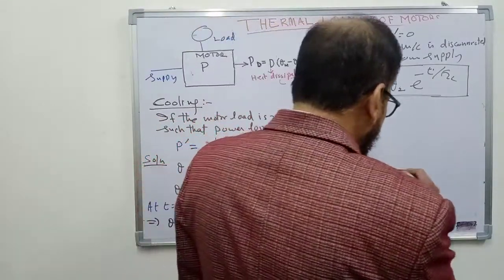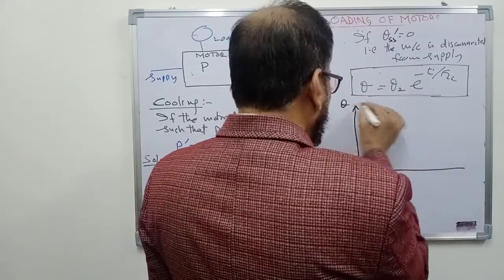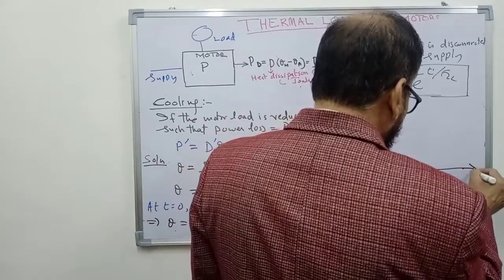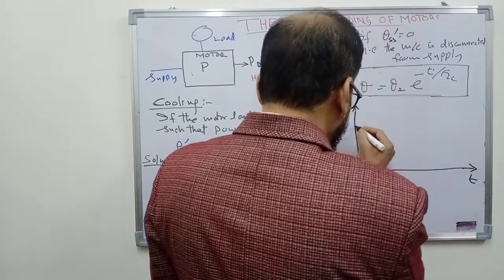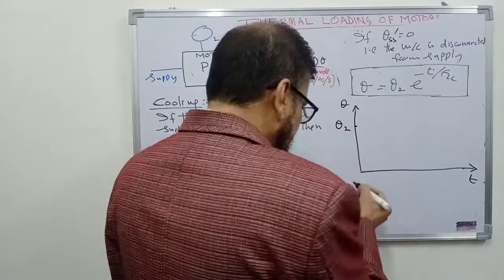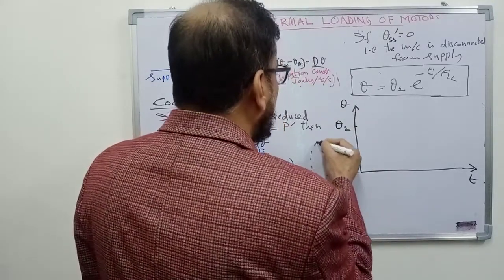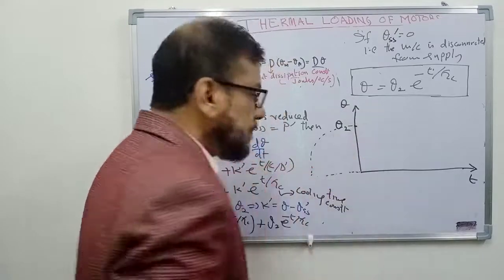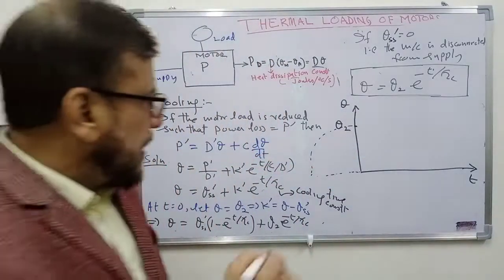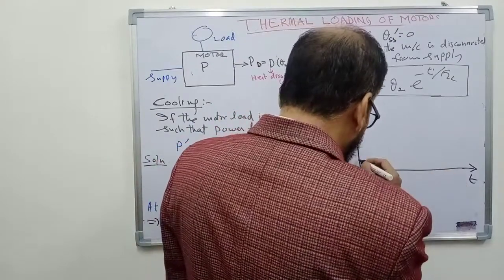these two curves. In the first case, when the motor is not disconnected, initial temperature rise was theta 2, and that may come from the previous loading of the motor, and you have reduced the load at this instant of time.